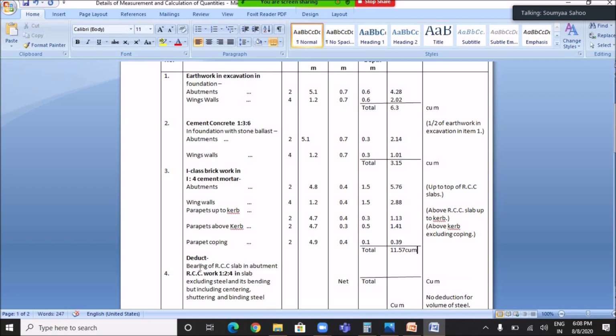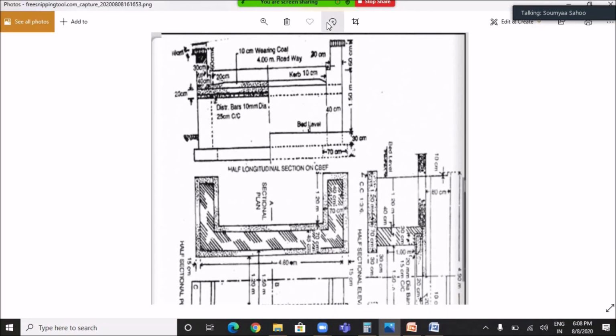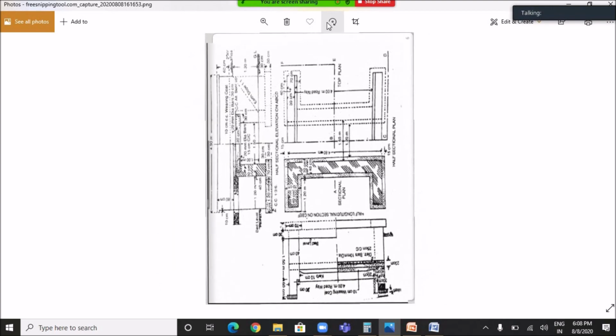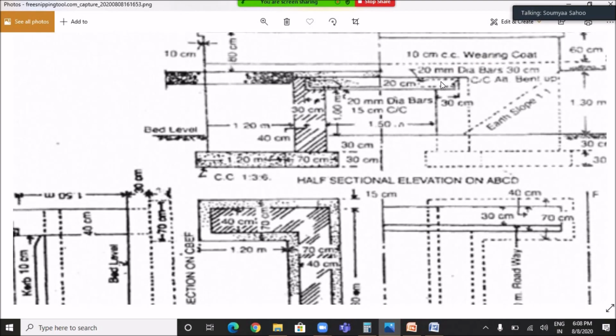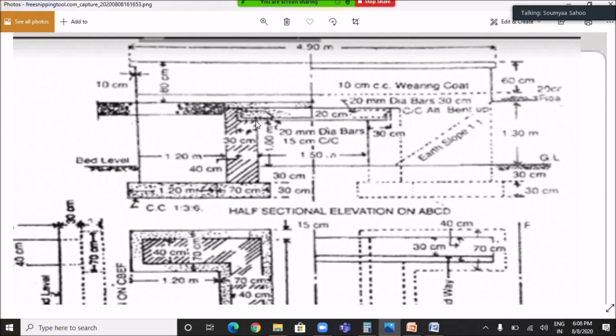Now we have to deduct the bearing of RCC slab in the abutment. See why we have to deduct this, because while calculating the quantity for earthwork, we have taken the entire width of abutment here. This is 40 centimeter, but in this portion where slab is present, no brickwork is done in this 30 centimeter breadth, and the height of the slab is 20 centimeters.